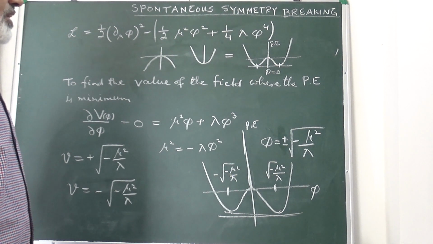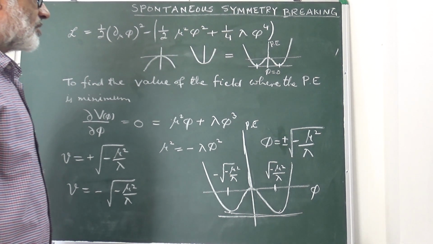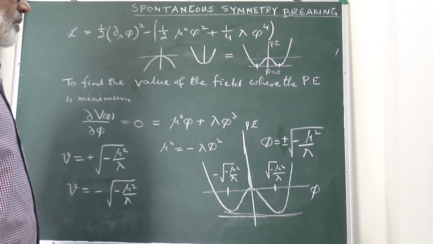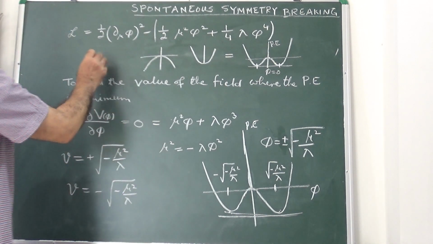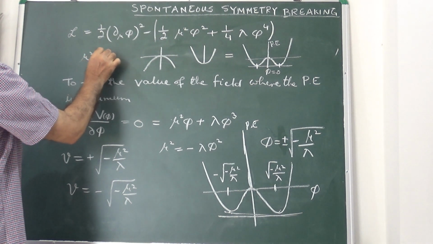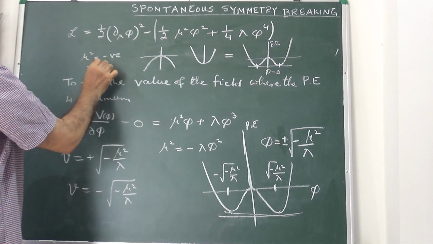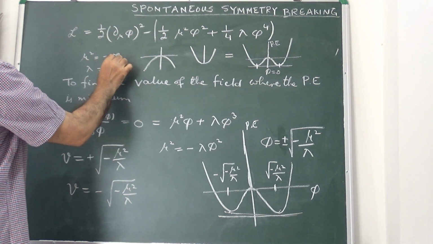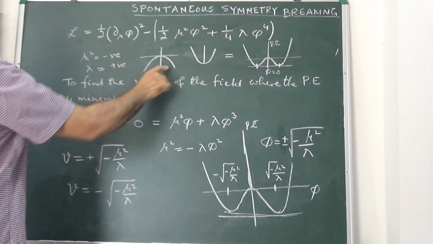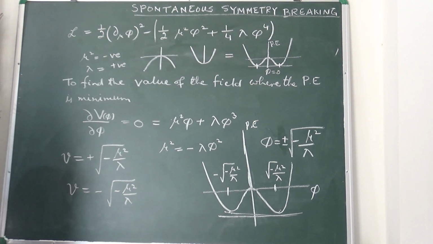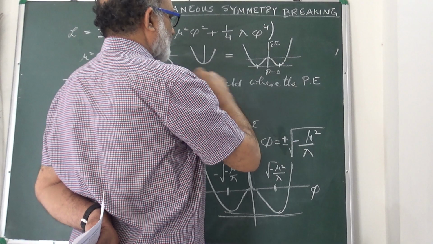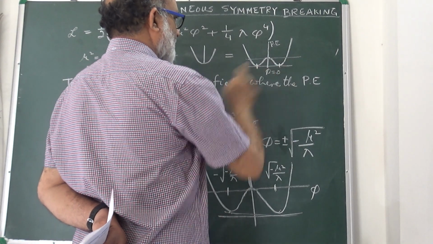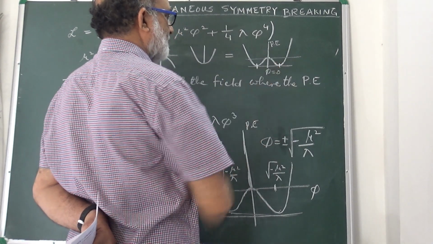So we have two values of minimum potential. If you take mu squared as negative and lambda as a positive scalar, then we get this saddle type graph of the potential, in which case we get the minimum potential at two different points of the field, not at zero field.